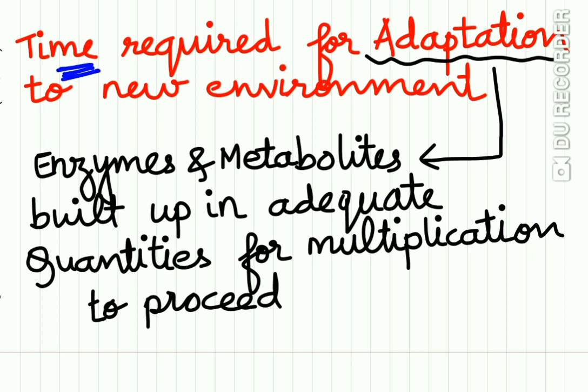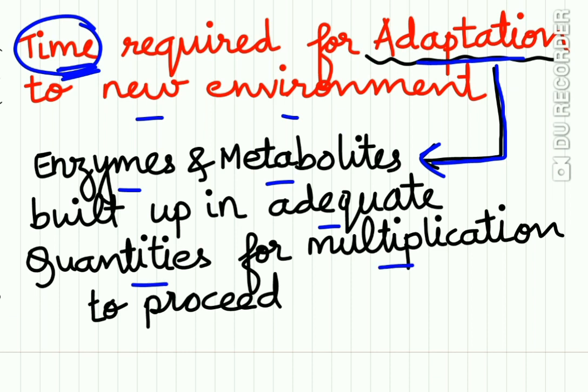The lag phase is the time required by the microorganism to adapt to the new environment. So the time required for the microorganism to adapt to the new environment is the lag phase. Now this adaptation is needed for enzymes and metabolites to build up in adequate quantities for the multiplication to proceed.